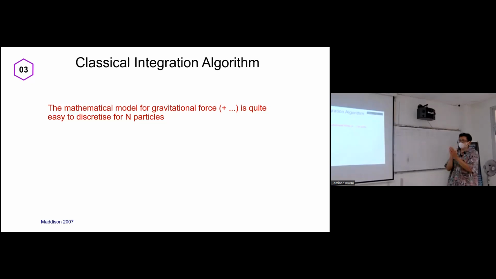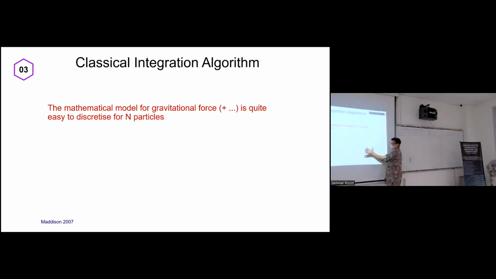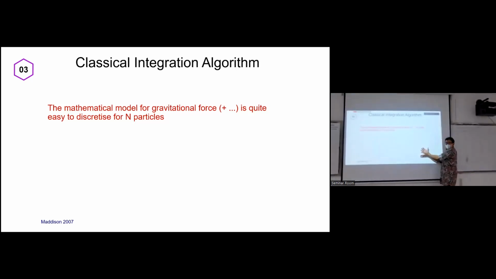So for example, if you have 500 objects in the system, you will have 500 orbital elements for one time evolution, T0, T1, T2, and so on. So the first one, you need the initial values, the 500 initial values of your orbital elements.